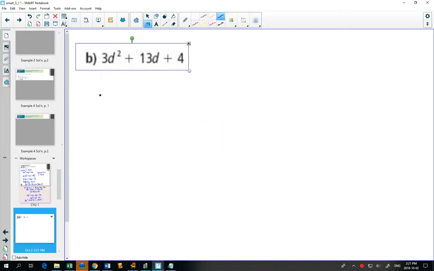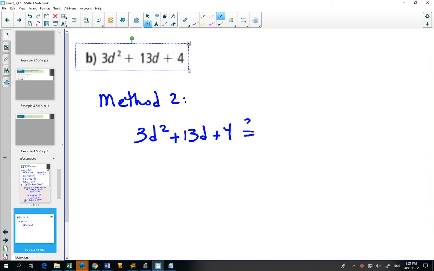In the second one, if I were using method 2 first because it's the faster method, I want to check if d minus 4 is a factor of 3d squared plus 13d plus 4. What does the other factor have to be to give me that?